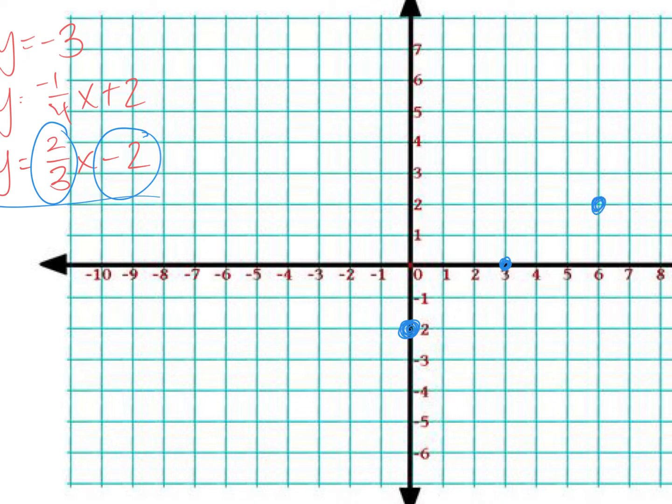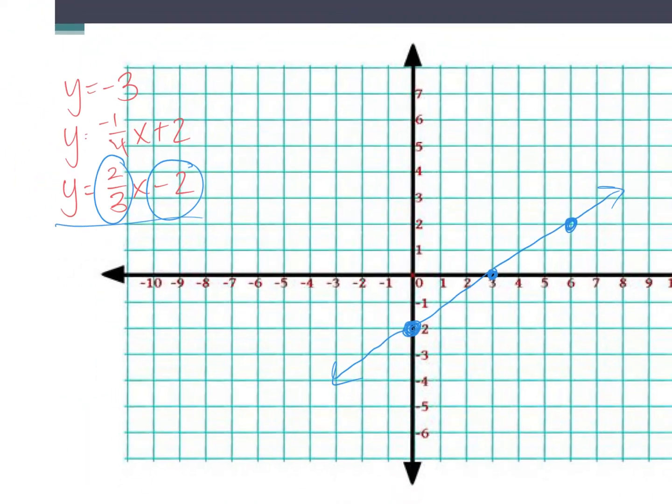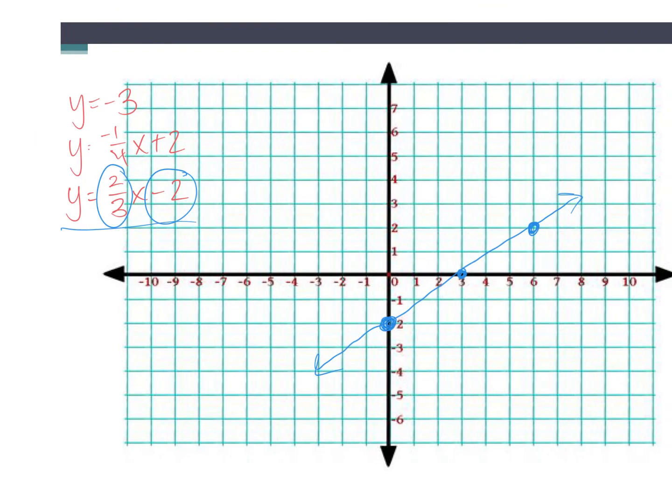All of these points should lie on the same line. And draw the line that connects them. Questions on the first one? German, do you remember this? Cody? You remember this? Okay.